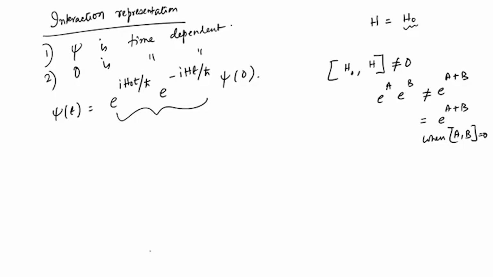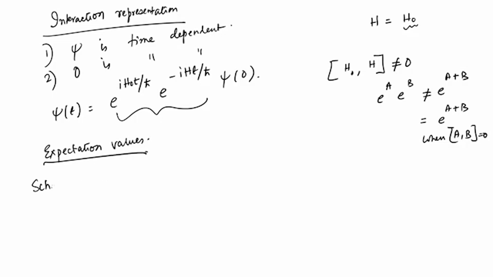Okay. So, that is what it is. What we can do is look for the expectation values of operators. Let us take an expectation value of an operator O in the Schrodinger representation.